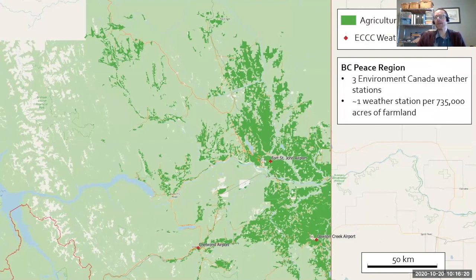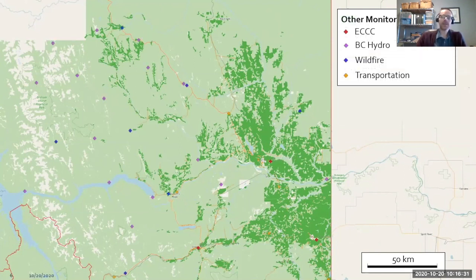If we do the math for farmland, it's about 1 station per 735,000 acres of farmland. Not very good when you look at that. We can look at some other networks, and there are other networks in BC, and it's actually quite integrated nicely with the climate-related monitoring program.